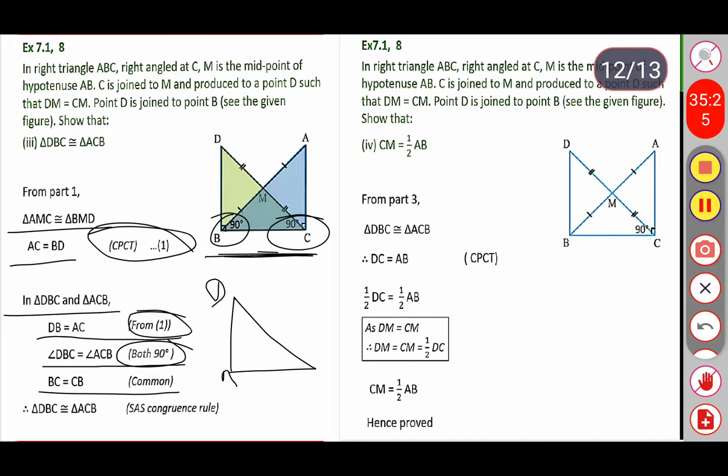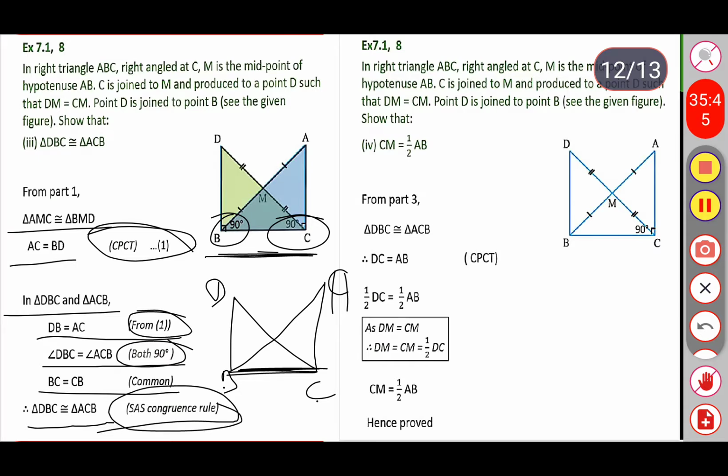With the help of this data, we can easily say that triangle DBC is congruent to triangle ACB by using the congruence criterion SAS. So the two triangles are congruent, which means the remaining parts of the triangles are equal. Okay, so this is the proof of the third question.